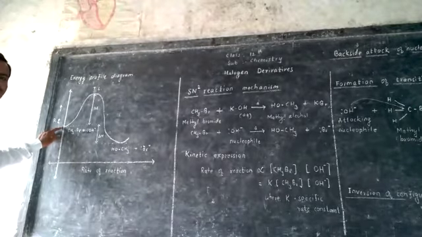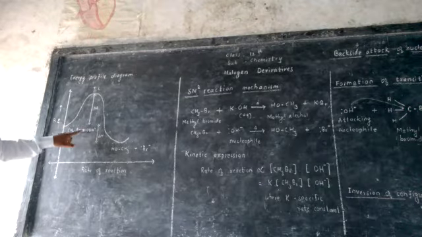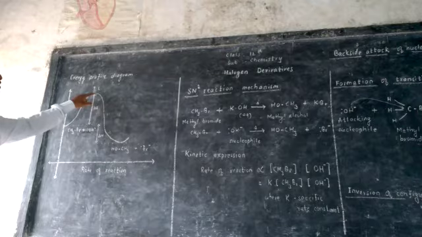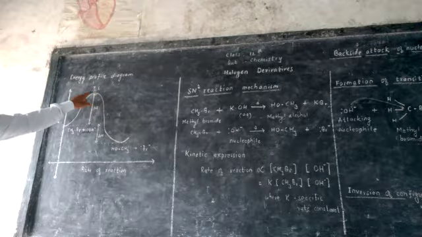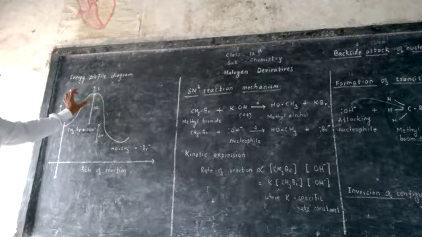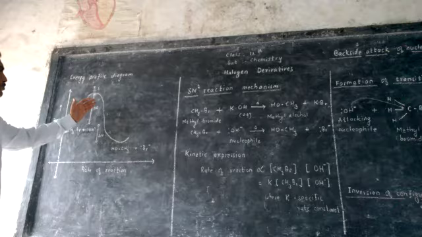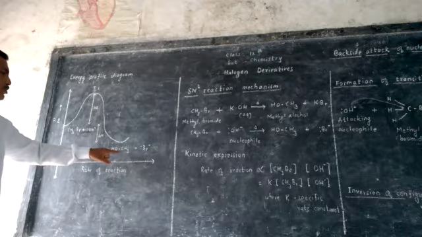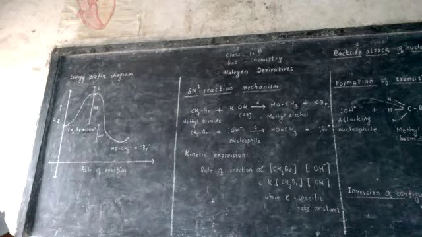Here the potential energy of the reactant is given; when nucleophile OH attacks methyl bromide, the potential energy rises. Then here is the transition state where carbon is attached to OH and Br with loose bonds. As a result, the formation of product, the potential energy decreases and the product is obtained, that is methyl alcohol with inversion of configuration.